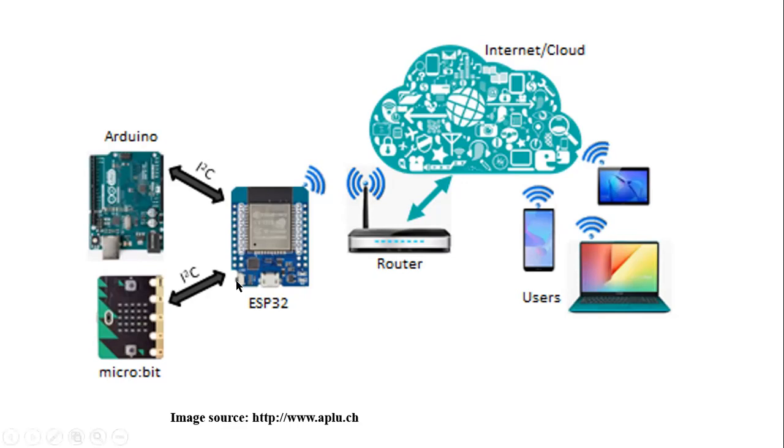So you connect your ESP32 to the router. The router is already connected to the internet or the cloud. And then you have your other devices that are connected to the internet. So you can send information. If sensors are connected to the ESP32 or the Arduino board, the sensors can send information to the ESP32, through your router to the cloud, and then you receive the information in your various systems that are connected to the internet. All right, so today's class is very brief.